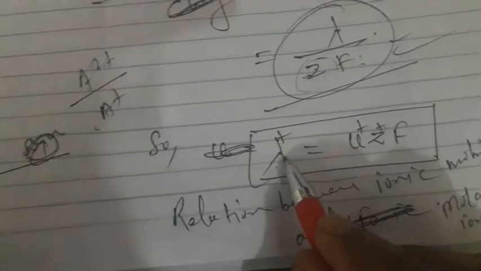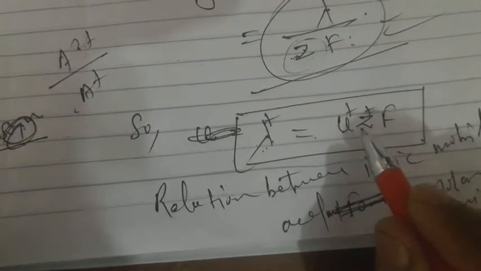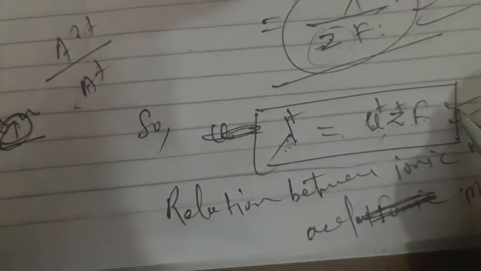So the final relation between molar ionic conductivity and mobility is lambda is equal to mu into z into F, where lambda is ionic molar conductivity, mu is the ionic mobility, z is valency, and F is the Faraday constant. This is the final relation that we use for solving the numerical questions.